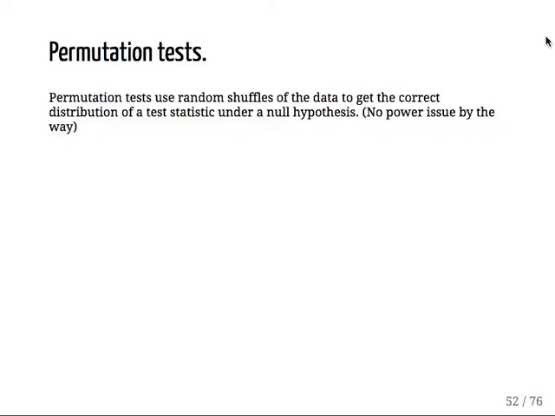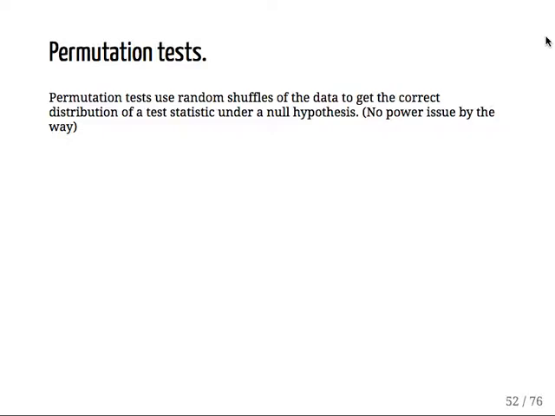Permutation tests are not the same as bootstrap. Basically, the premise is you have your spreadsheet, and we can shuffle that over and over and over. And if we have a small spreadsheet, we can still have the computer do all the possible combinations of your spreadsheet. If we have a very large spreadsheet, then we won't be able to do that.